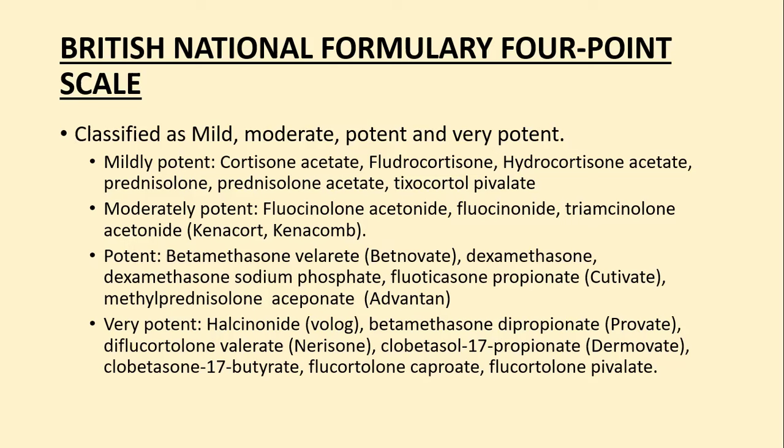So Cutivate and Advantan come in the potent steroids. Very potent steroids include halcinonide, Volog, which is not present in Pakistan nowadays, betamethasone dipropionate, which is Diprovate or Diprosalic, then diflucortolone valerate, Nerisone, which is less commonly available now, and then one of the most popular is clobetasol 17 propionate: Dermovate, Clobivate, or Clobiderm.